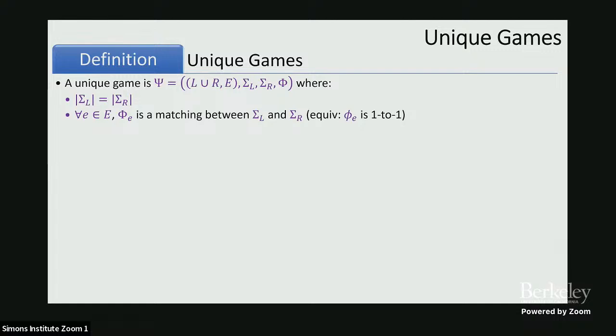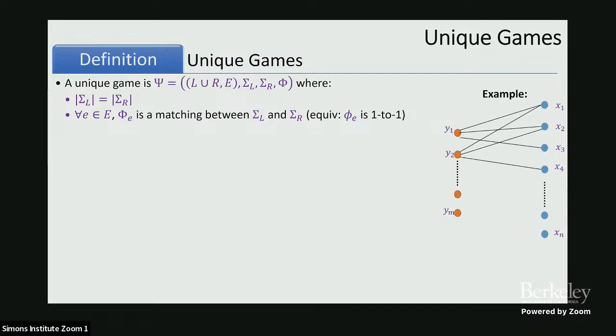Again, label cover language is a bit abstract, so let's see an example. Let's say that we have our bipartite graph. Let's say that we have our vertices. And let's say that the alphabet is just some field, F_p. Then what would be a unique game over this graph? Well, we have the edges. A unique game, for example, says the value that the left vertex gets minus the value that the right vertex gets is equal to 4 modulo p.